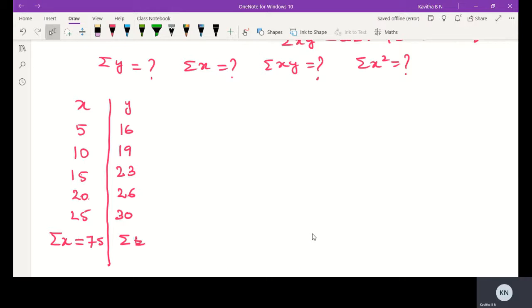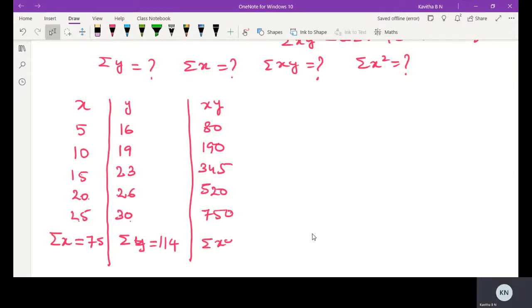Add it, and summation of y is equal to 104. Then xy: 16 fives are 80, 19 tens are 190, 23 into 15 is 345, 26 into 20 is 520, 30 into 25 is 750.